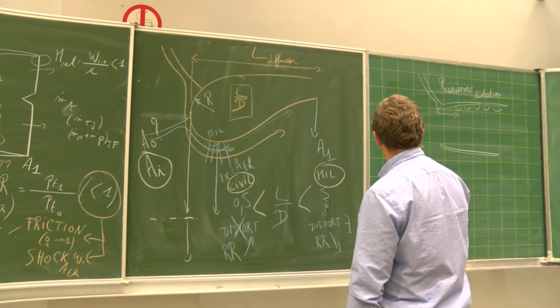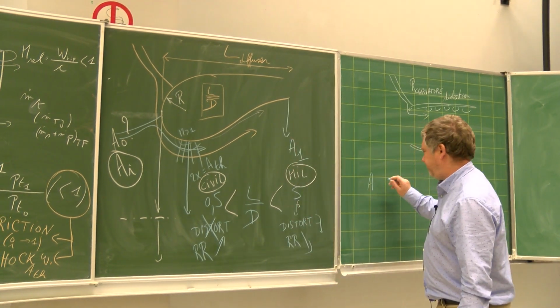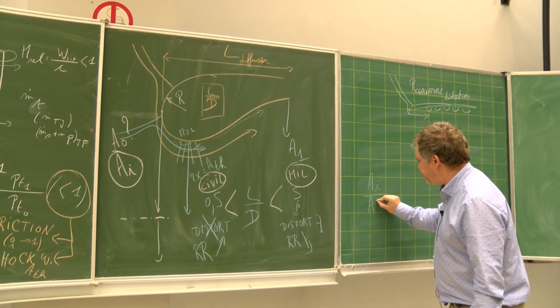And finally, there is another ratio that is important. This is the ratio between AI and ATH.